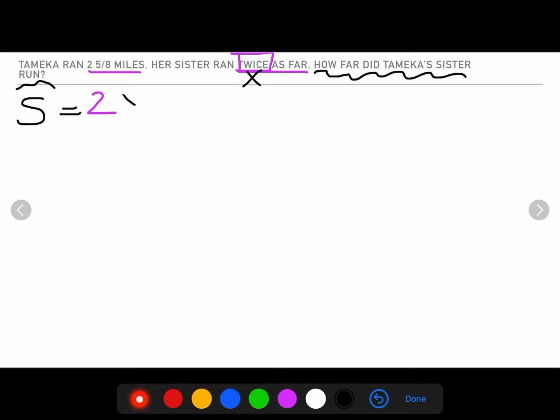That's right, 2 times 2 5/8. This will give me the total distance that Tamika's sister ran. And I want to use repeated addition for this problem, because I have 2 copies of 2 5/8.